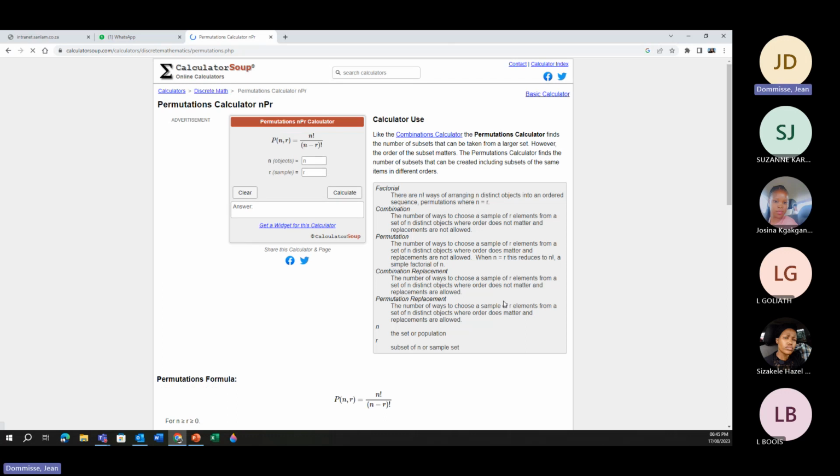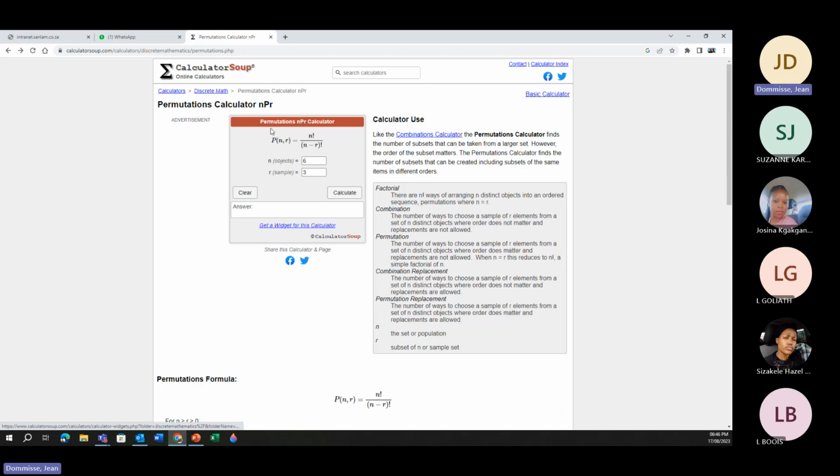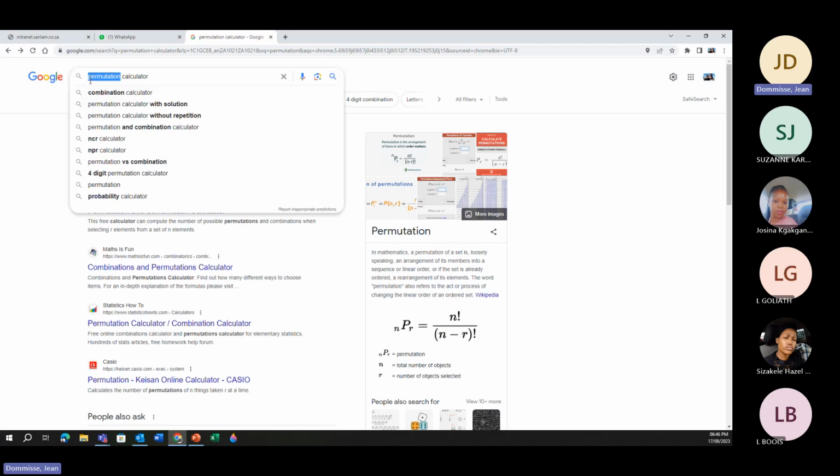So again, like I said, if there was the 6 and the 3, it will calculate it for you. So use the tools that are available. We can quickly check. For the permutation, it was 120. Let's quickly check the other one, the combination.